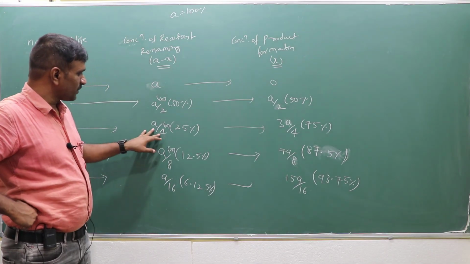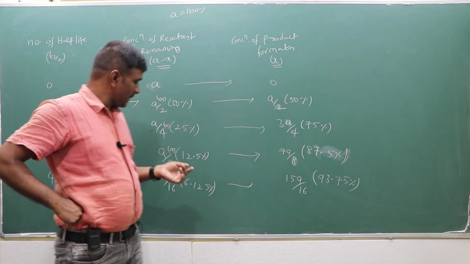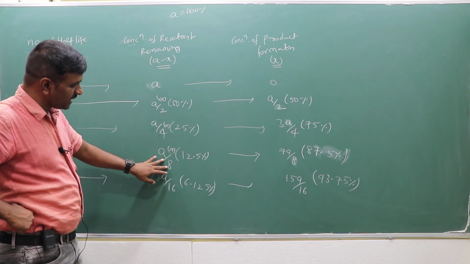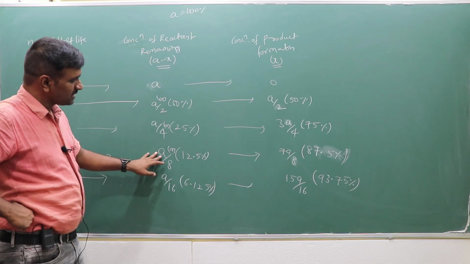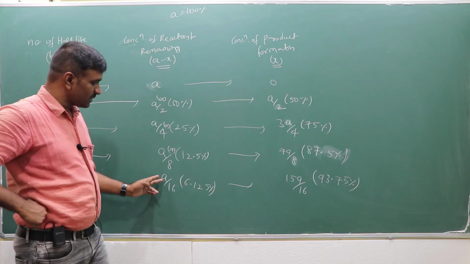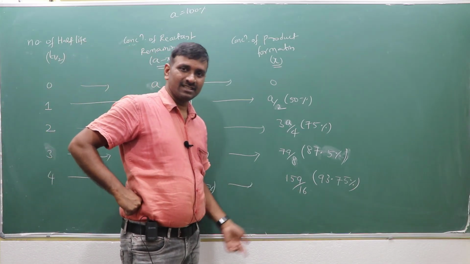So like this, A by 4 is left, that means 3A by 4 formed. If A by 8 is left, out of 8 parts, 1 part is left, so 7A by 8 is formed. And out of 16, 1 part is left, that means 15A by 16.